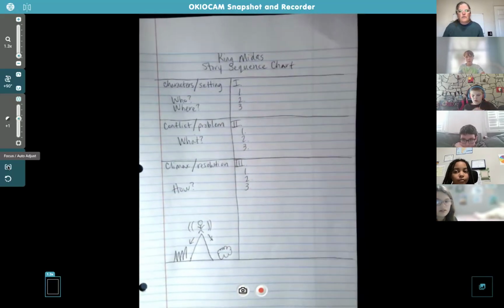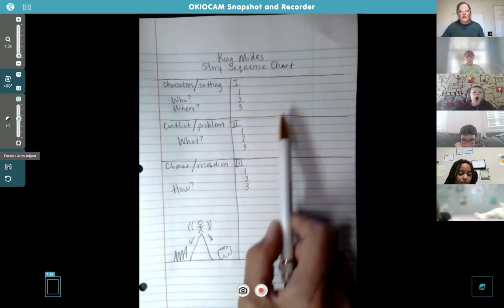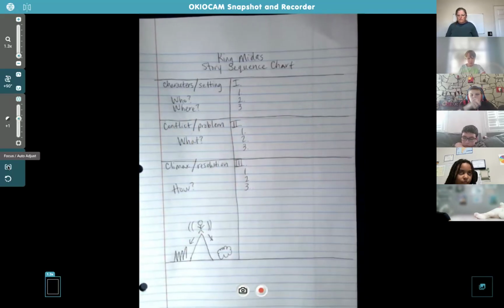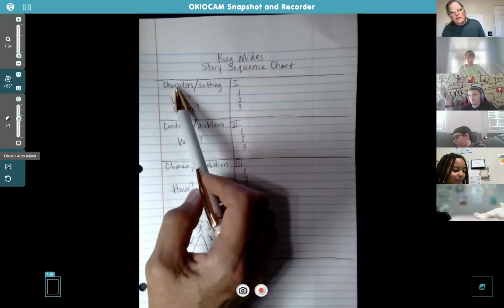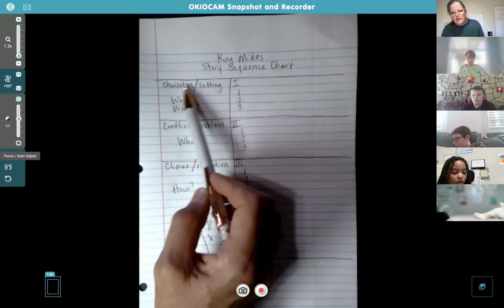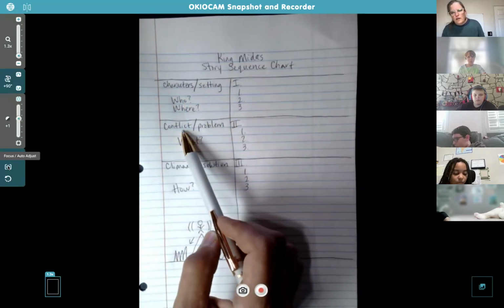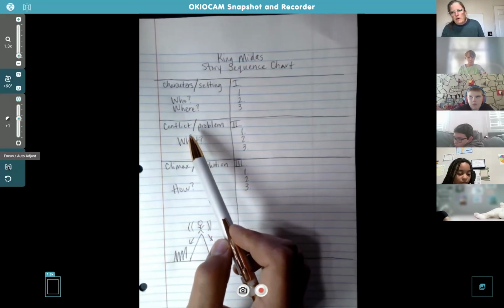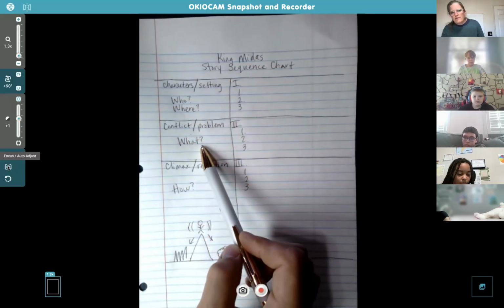The next step is reading the story about King Midas, and then we're going to fill this in using our notes over here. So, we talked a little bit about Kung Fu Panda. Remember when we talked about that, where in the story, they introduce the characters and setting in the beginning, and then the conflict is when Po is in an epic battle with Tai Lung, right?